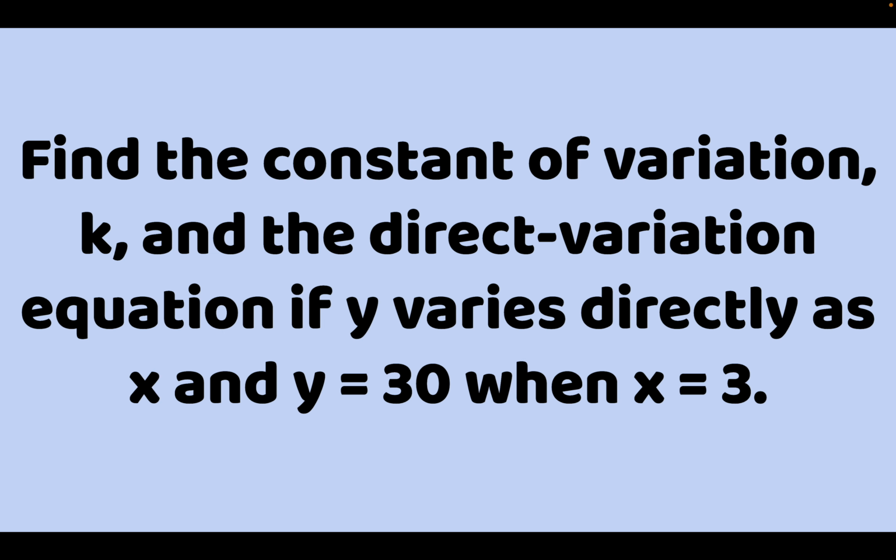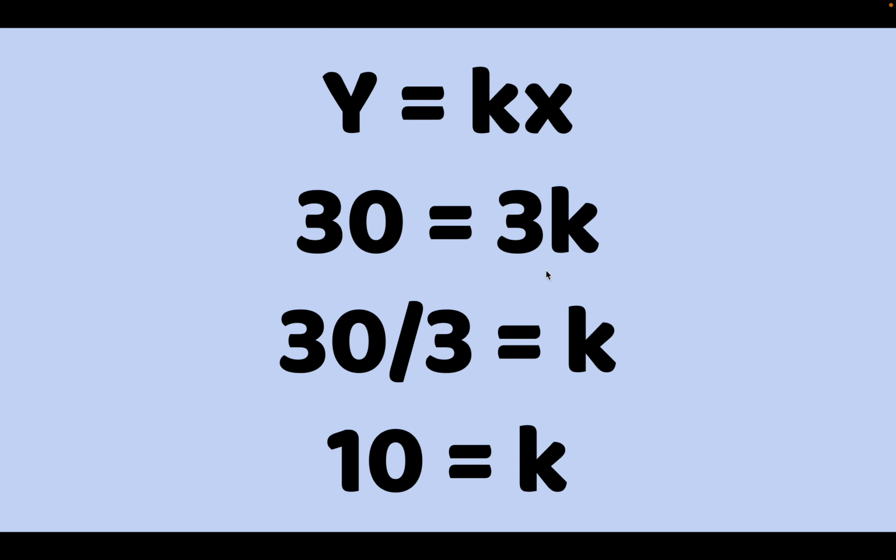Then what is k? 3 times 10 equals 30. So obviously k is equal to 10. So a very simple equation, and this is like an introduction to direct variations. So, yep, this is the solution. y equals kx, 30 equals 3k, 30 divided by 3 equals k, which is 10 equals k.